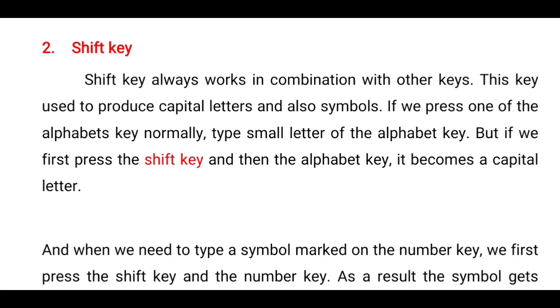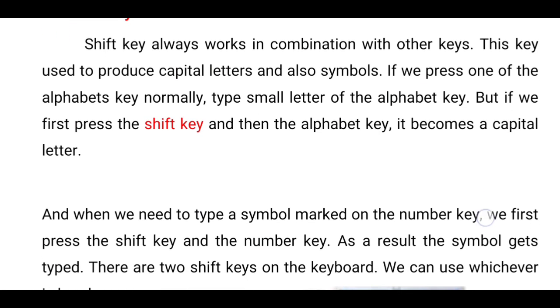Second special key is the Shift key. Shift key always works in combination with other keys. This key is used to produce capital letters and also symbols. If you press one of the alphabet keys, it normally types small letters, but if we first press the Shift key and then the alphabet key, it becomes a capital letter.